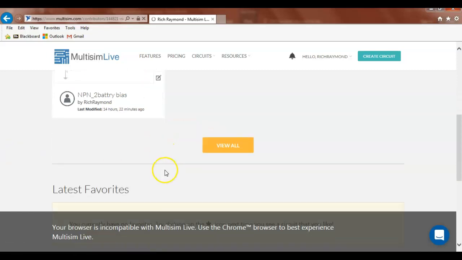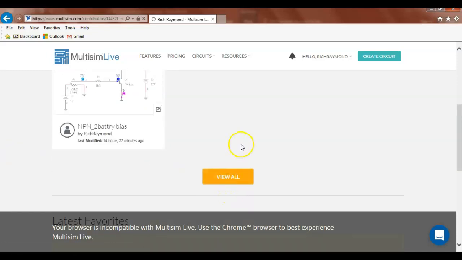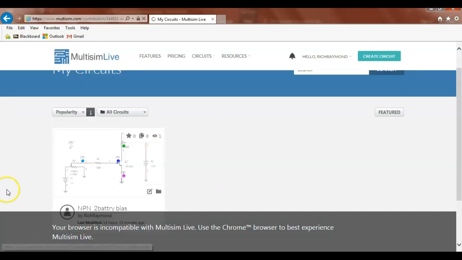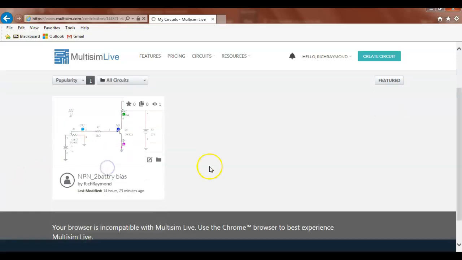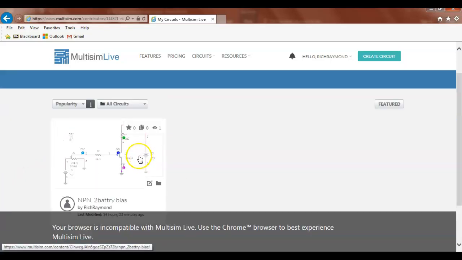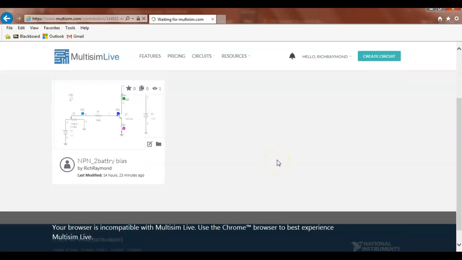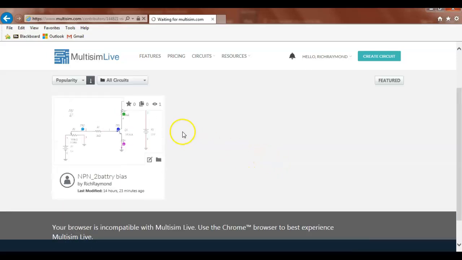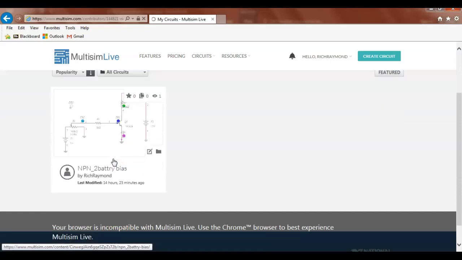Once you get your circuit built, you understand where it says open circuit? I started using this yesterday.